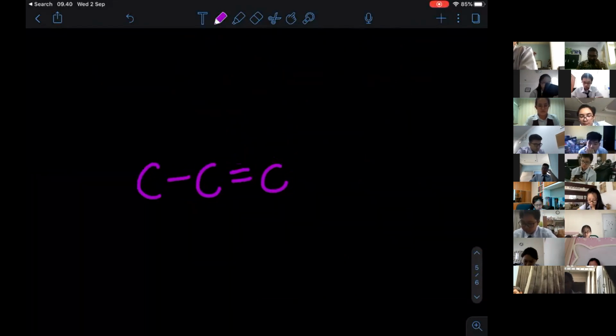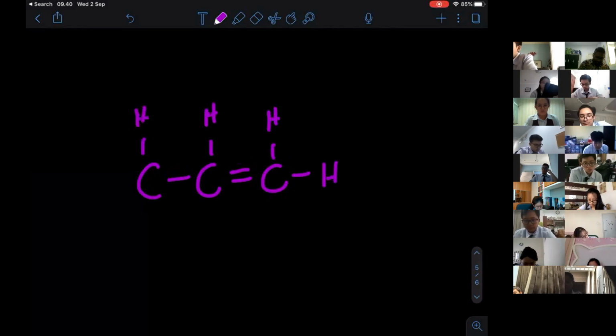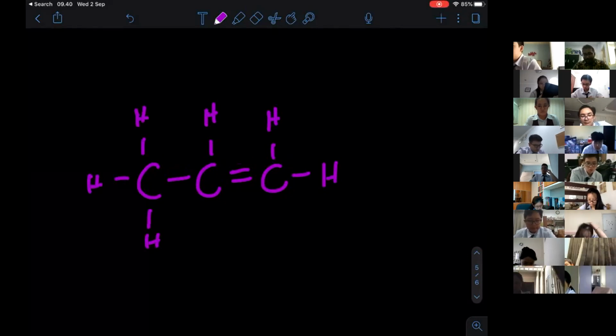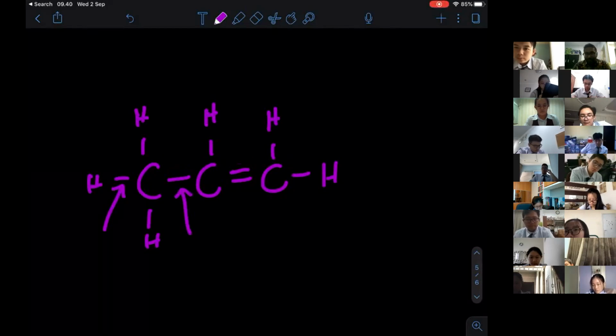Okay, let's say I'm going to do something like this, with H, H, H. You have a combination, for example. If I ask you what type of sigma bond is here, and here, and here, you should be able to give me the answer. What orbital with what orbital?